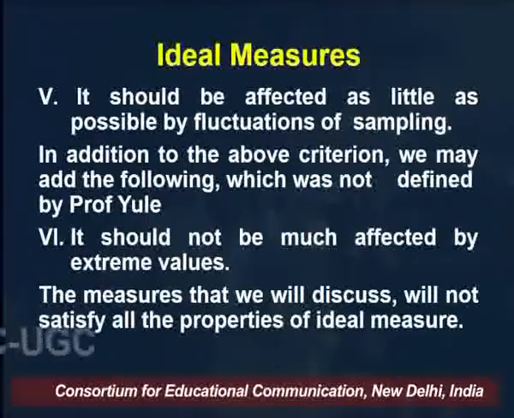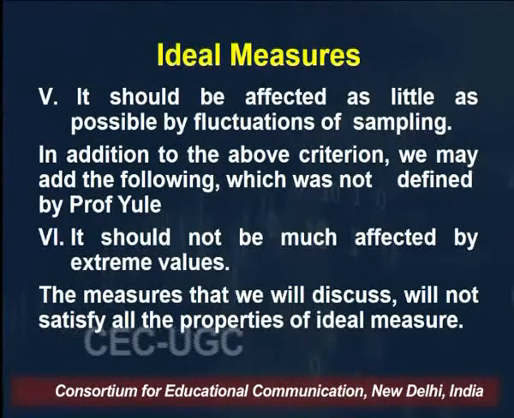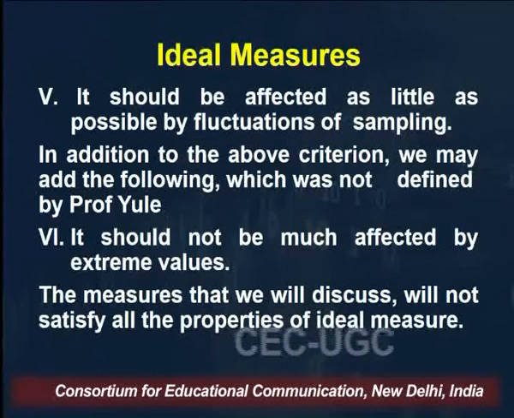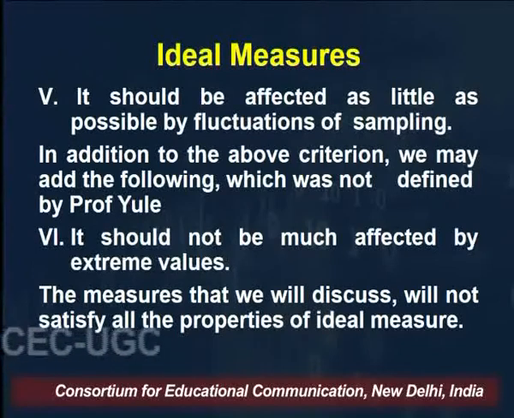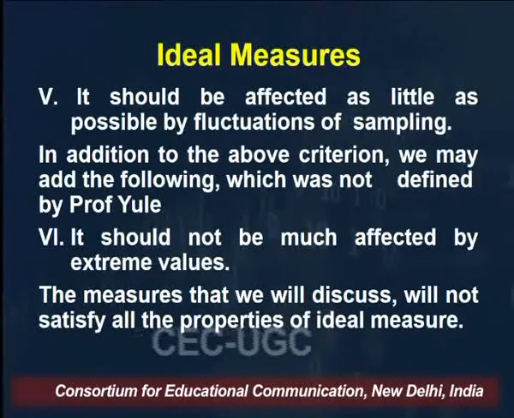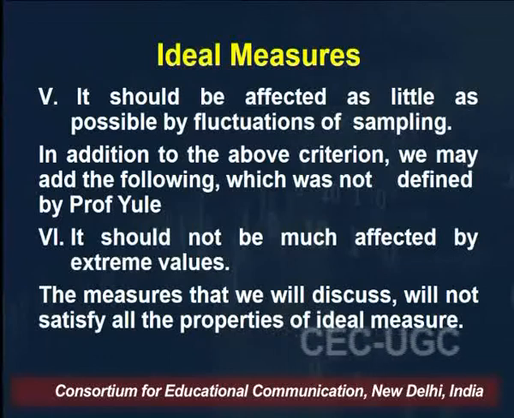Then it should be affected as little as possible by fluctuations of sampling. These are the 5 properties which were laid down by Professor Yule. In addition to these 5 properties, one more desirable property which is not due to Professor Yule is that it should not be much affected by extreme values.